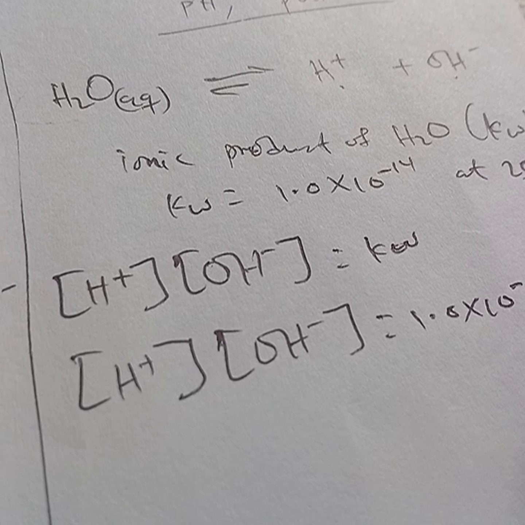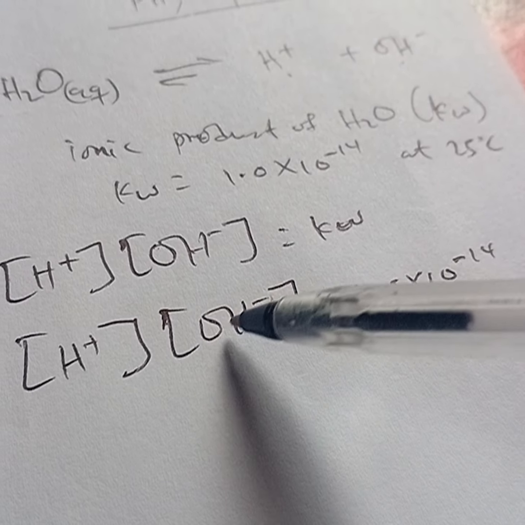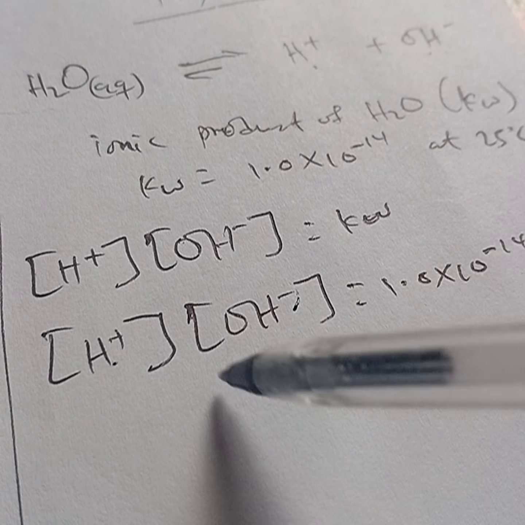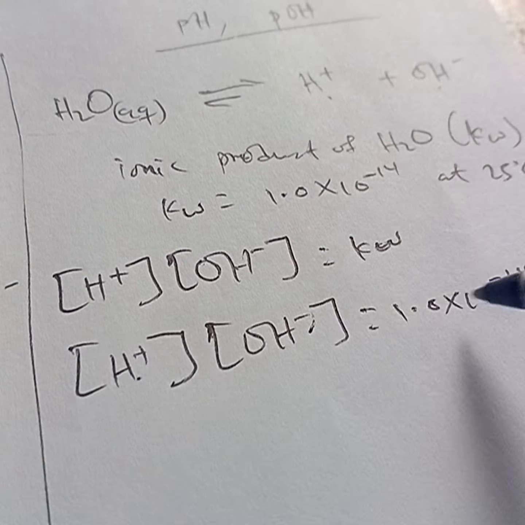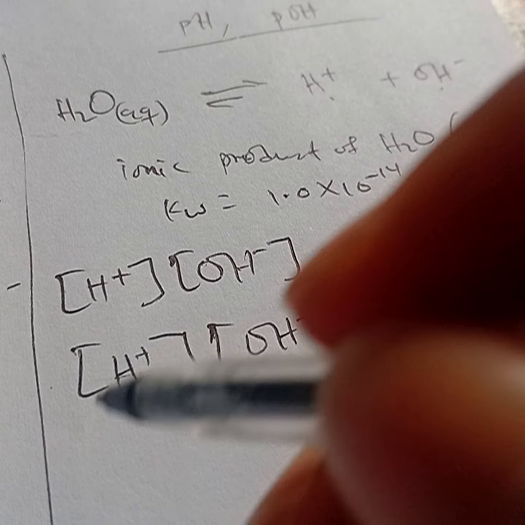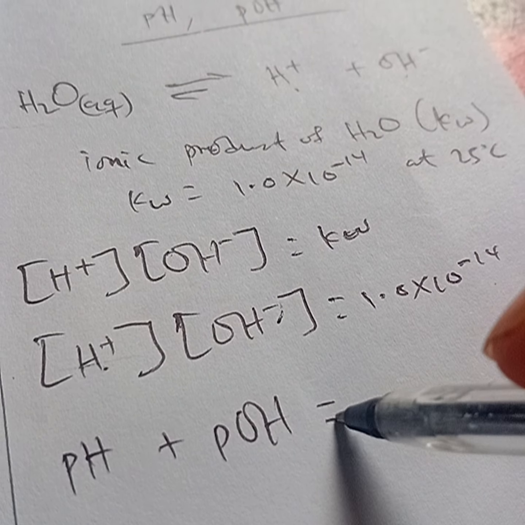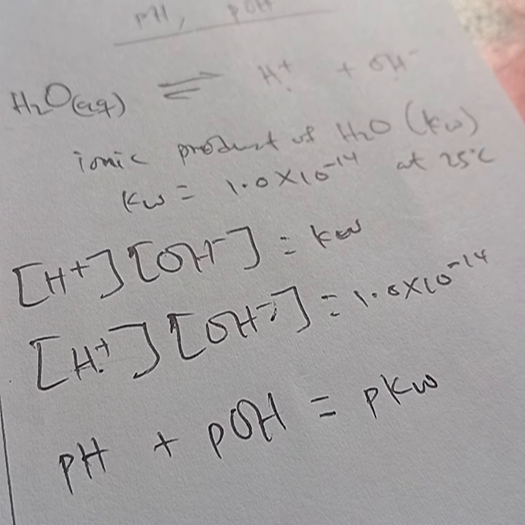Which means that if you are given the concentration of OH minus of a solution, to get the concentration of H plus, you use this and then you divide. When you take the negative logarithm of both sides, you end up getting pH plus pOH equals pKw. So keep this.